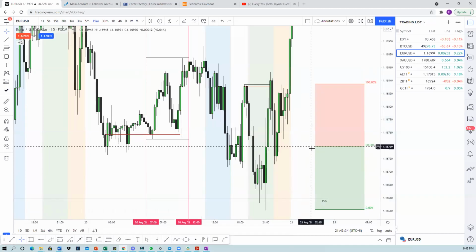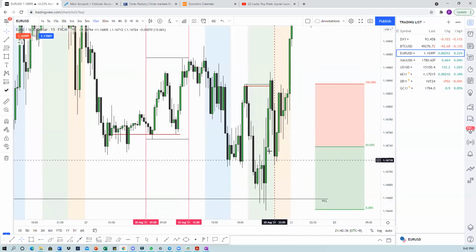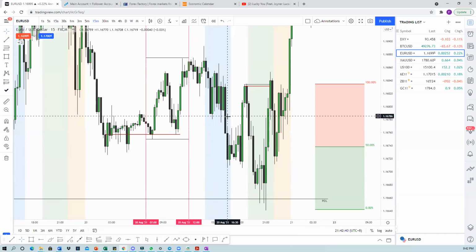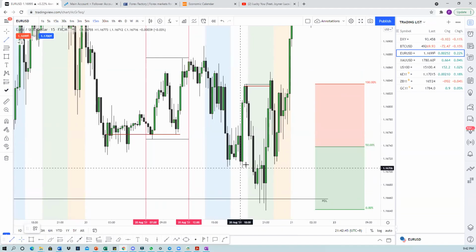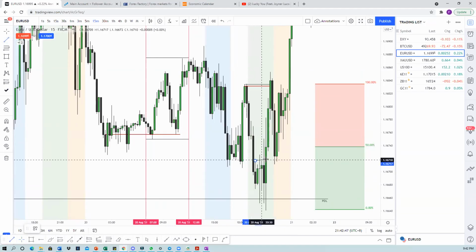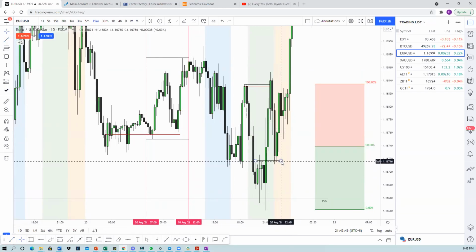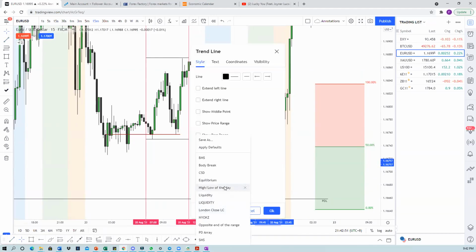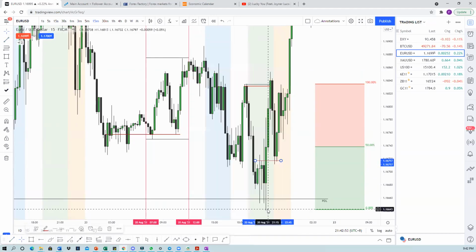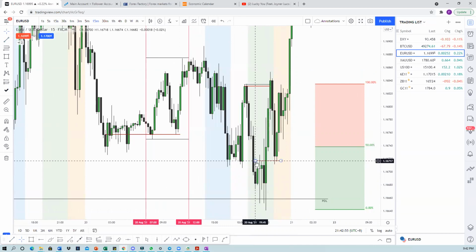Premium discount comes just to discount. And now, where is your bullish order block? There you go. There's a bullish order block.